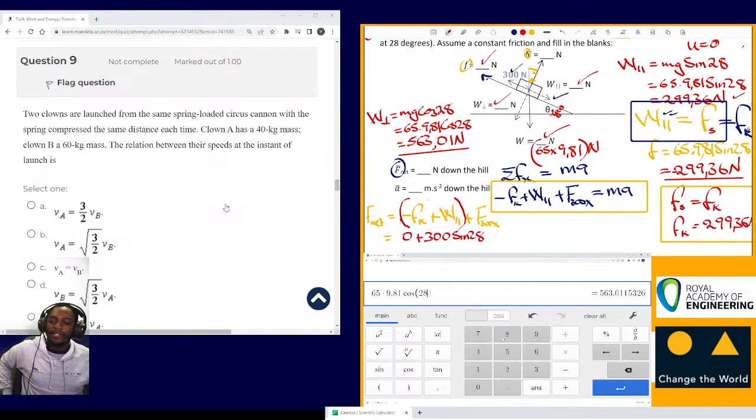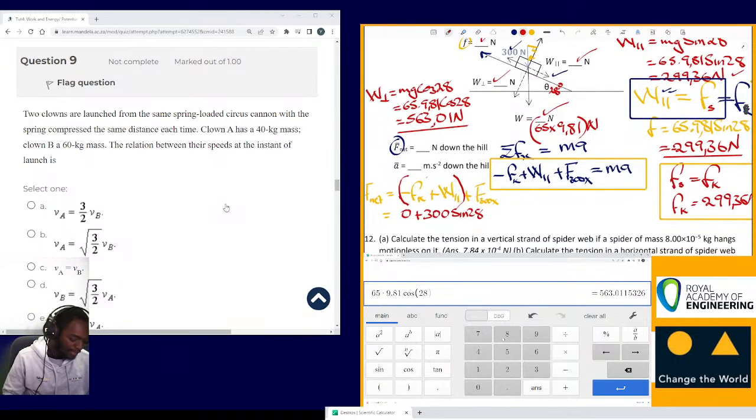The component of the weight down the slope, we say it's mg sine theta. So it's the same case with the force that is being applied when we need to resolve it down the slope. It will be that force multiplied by sine theta. So that becomes 300 sine 28.